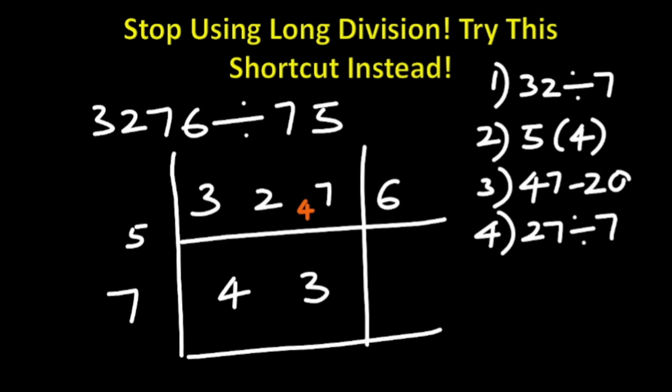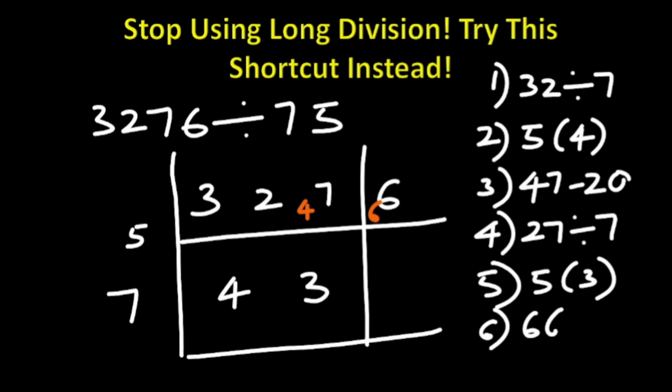So 6 is carried to the next digit, so that becomes 66. And now the next step is you multiply the smaller digit by 3. So 5 times 3 is 15. And then the last step, subtract 15 from 66. 66 minus 15, that's going to be 51.